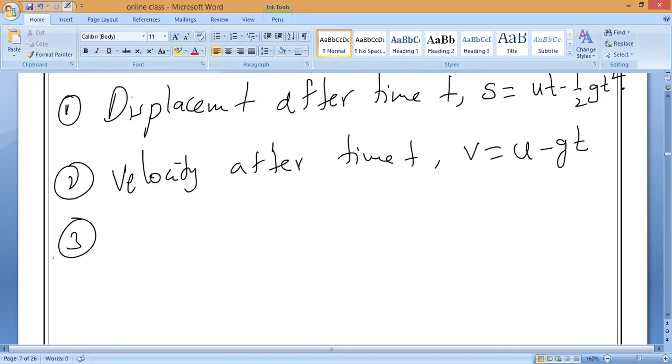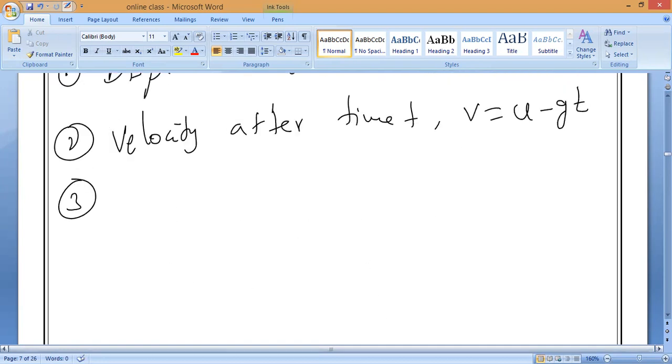Next, third. These are all formulas for a body vertically projected up from the top of a tower. Next, its velocity on reaching the ground. What is that? The final velocity.